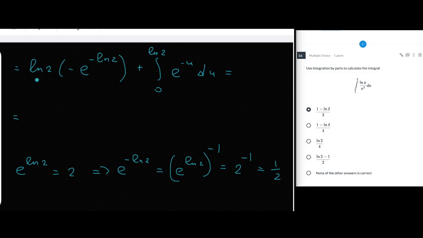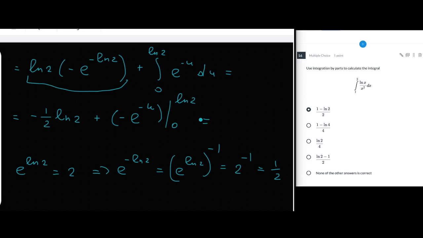And so altogether, for that first number in our result, we get negative 1/2 of natural log of 2. And then we get the antiderivative of e to the power negative u. We determined that it is negative e to the power negative u. And we need to substitute 0 and natural log of 2 here.